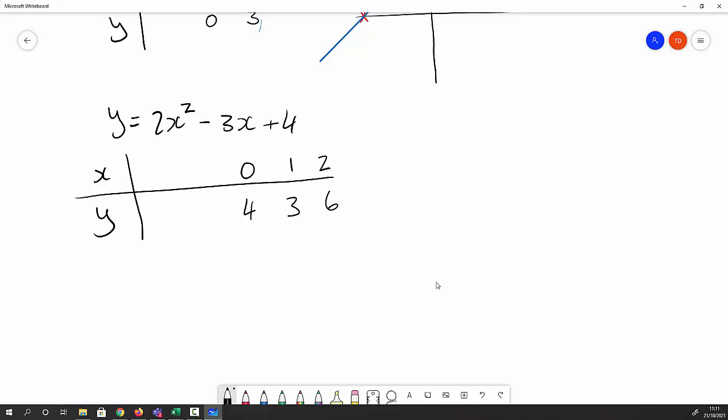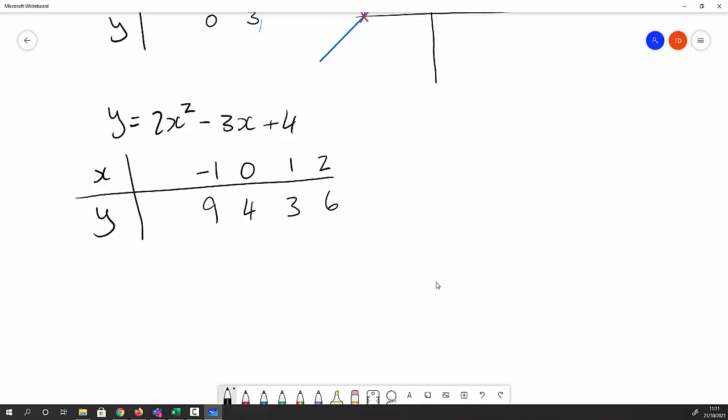And now let's do minus 1, just to see what's happening on the other side of the axis. So minus 1 squared is 1, so that's going to be 2. This is going to be minus 1 times 3 is minus 3, but we've got another minus, so that's plus 3. So that's 2 plus 3 is 5, plus 4 is 9. So when x is equal to minus 1, it's going to be 9.